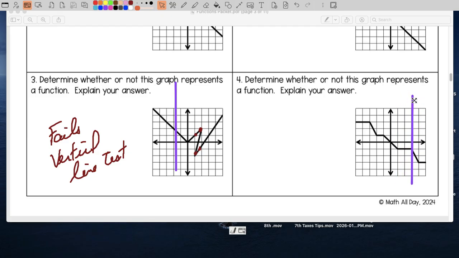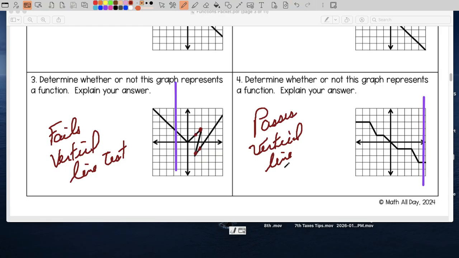And notice that it only touches the purple line at one given point in time. So this one is a function. It passes the vertical line test.